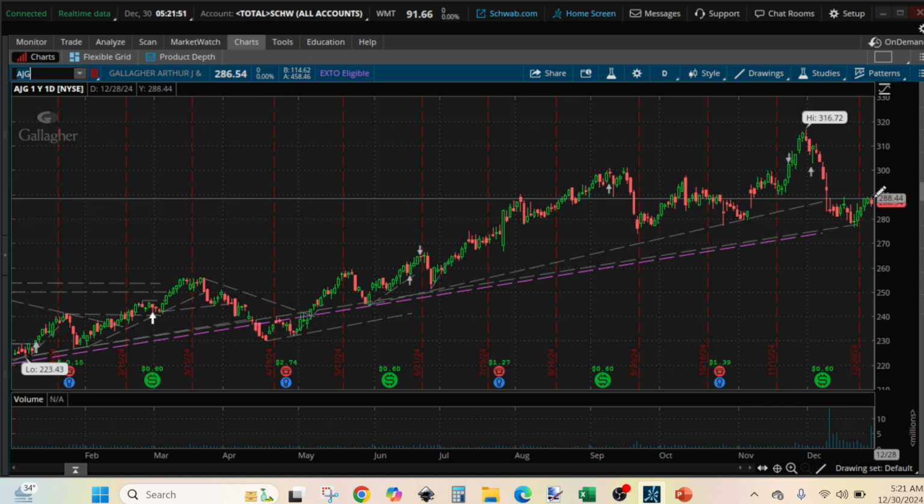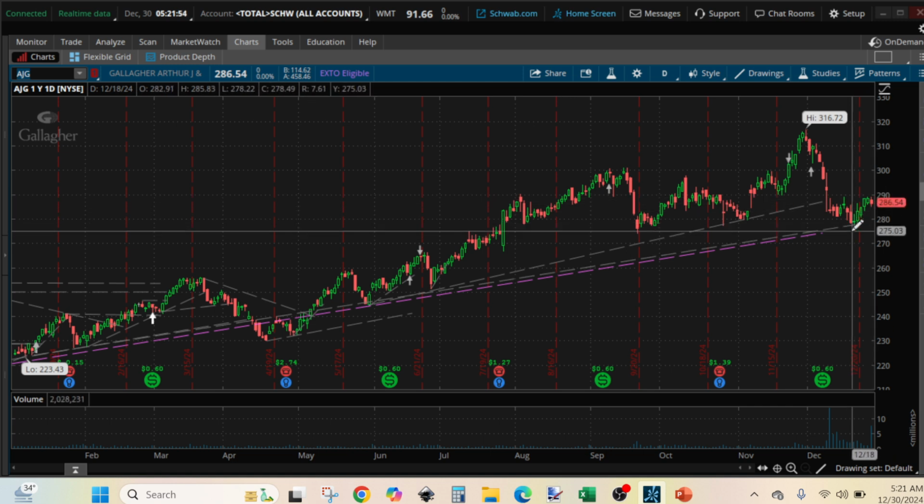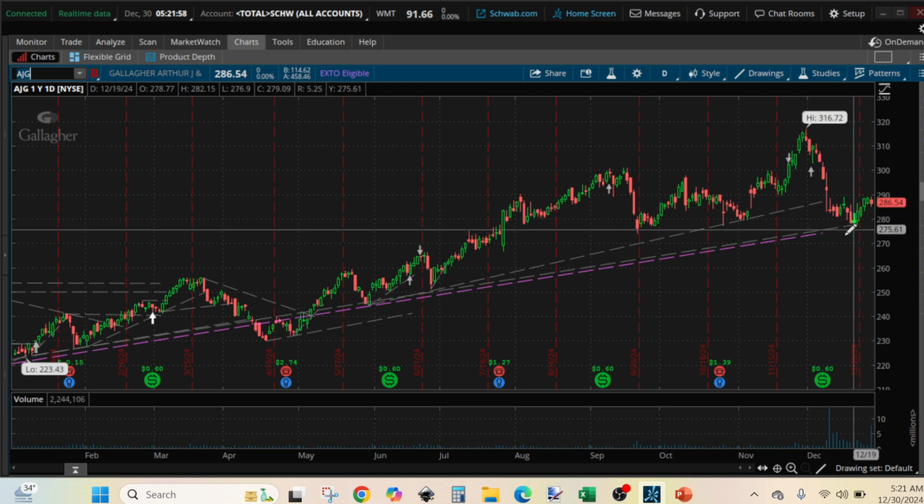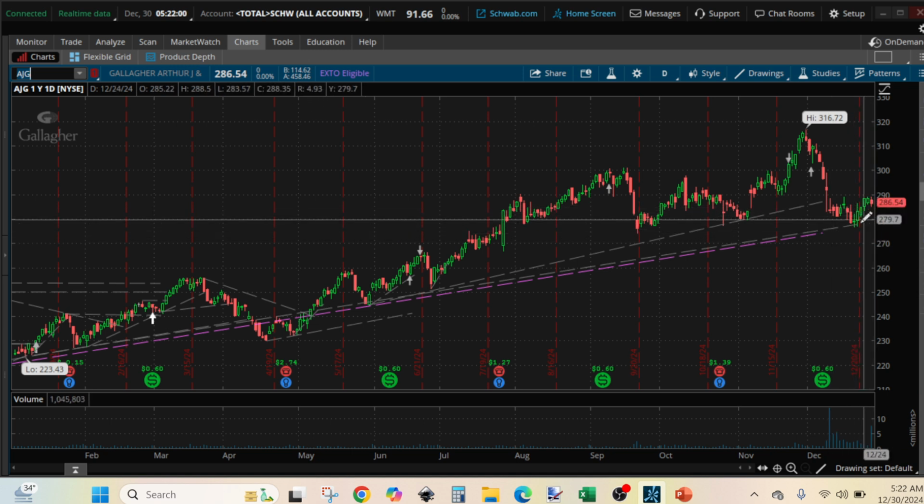And if we see a green, we'll be able to trace the uptrend here.